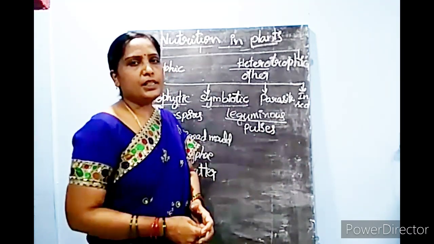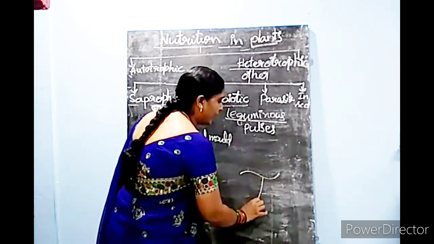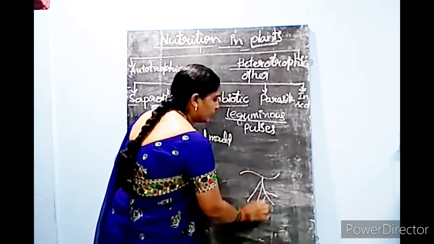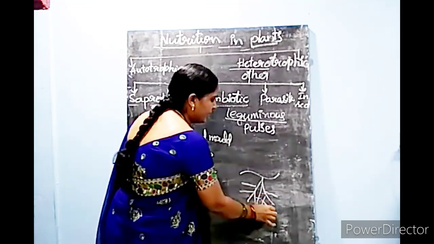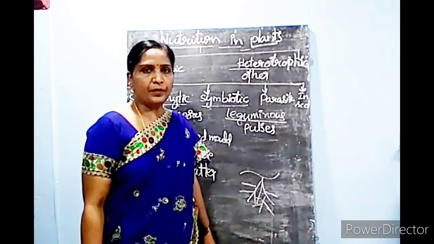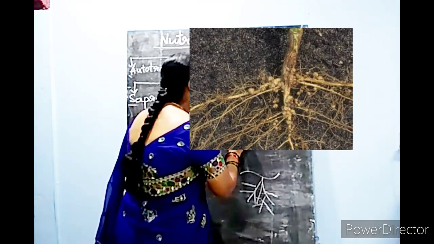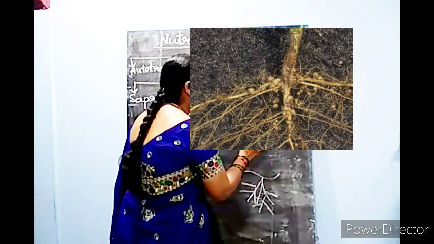So these leguminous family plants have a special character in their roots. What examples can you give for pulses?